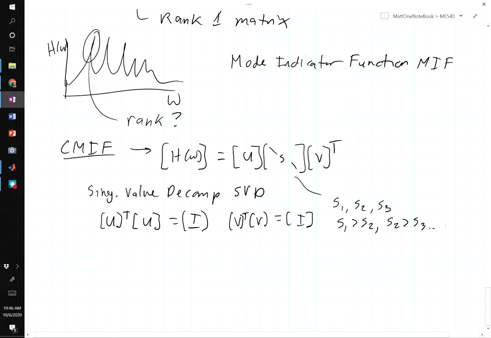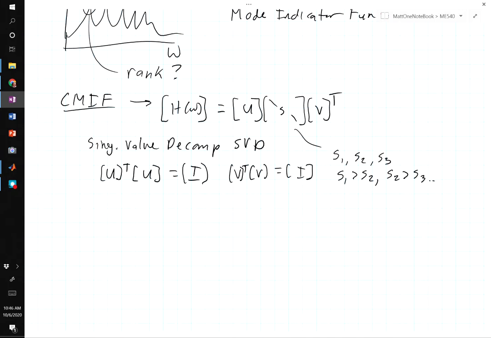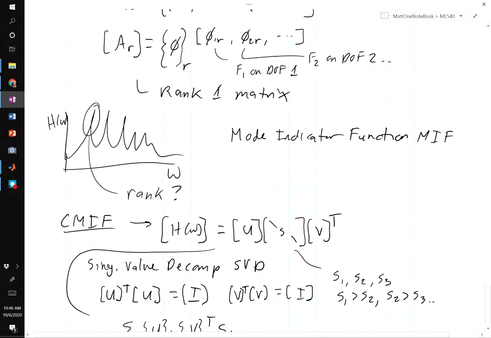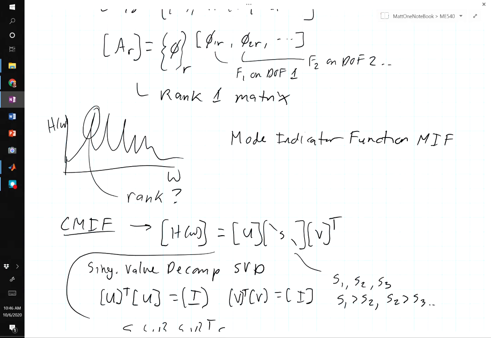So the reason this is useful is you can show that this triple product up there is equivalent to writing a summation of column Uj times column Vj transpose times singular value Sj. So notice this has the exact same form as what we saw up there.